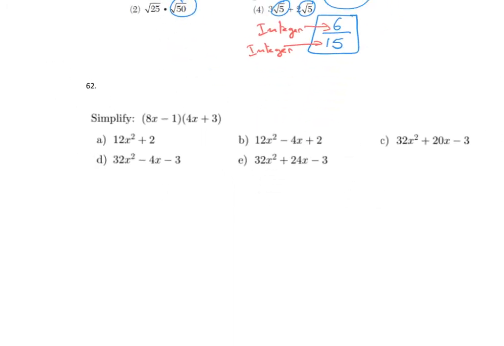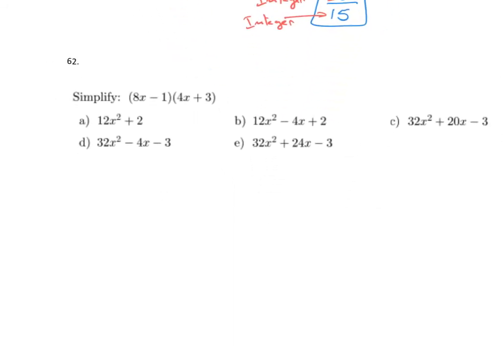The next question here, I have simplify parentheses 8x minus 1 times 4x plus 3. Well, if you remember this one, we can use the FOIL method here. FOIL is first, outer, inner, and last.